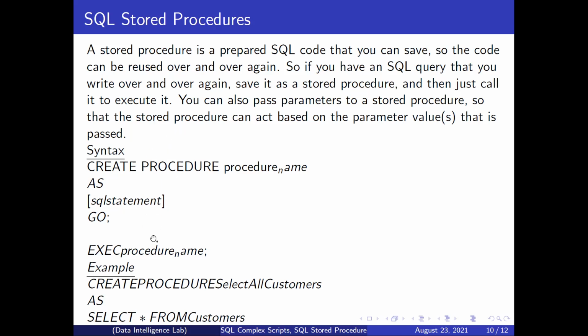Now to call back that procedure and execute it at a later time, you simply use the exec command. So exec, then the procedure name you gave earlier. Once you do this, the same procedure would be executed. We're going to do a demo of this, so don't worry. You are going to see how this works. Then this is just an example.